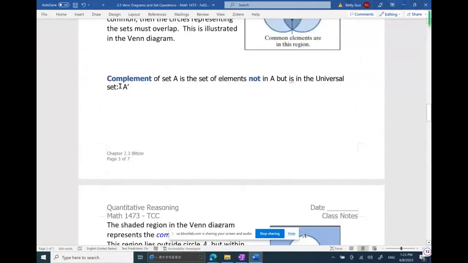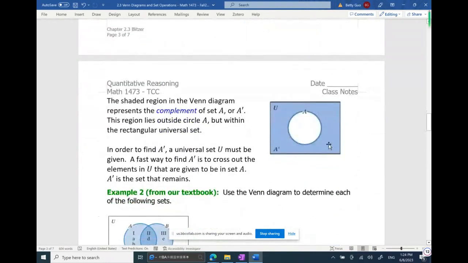And when you see a prime on the shoulder of a capital letter A representing a set, like this one, A prime, A prime represents the complement set of set A. We can call A prime the complement of A. A prime represents a set in which all the elements do not belong to A. A prime is not A. It includes all the elements in the universal set, but not elements in A. The Venn diagram describes the shaded region as A prime.